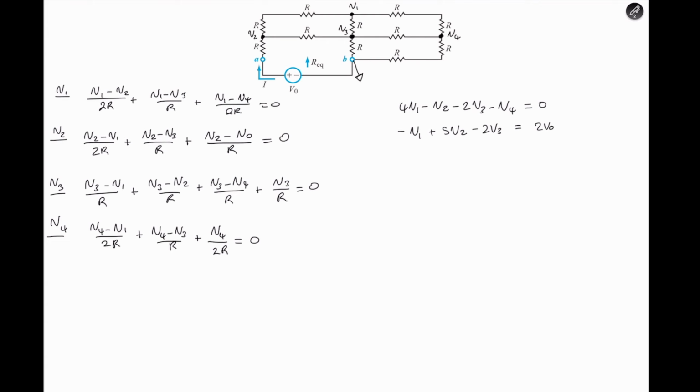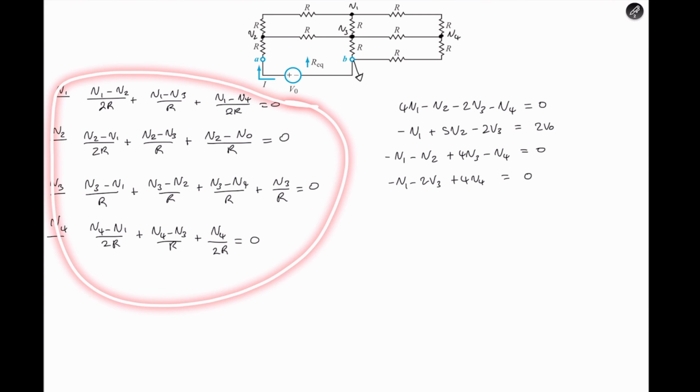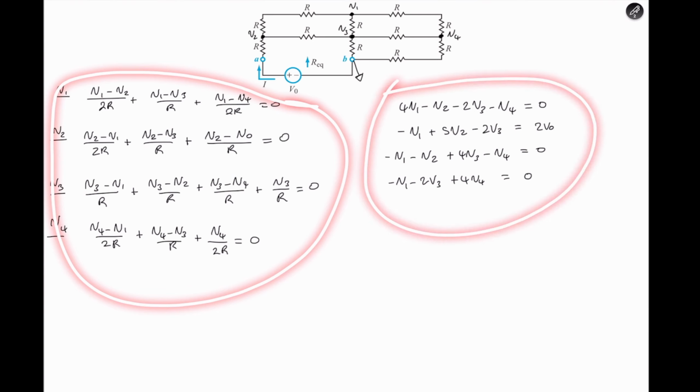I'm doing them in order, by the way. Then minus V1 minus V2 plus 4V3 minus V4 equals 0. And minus V1 minus 2V3 plus 4V4 equals 0. So simplification, these lead to these.